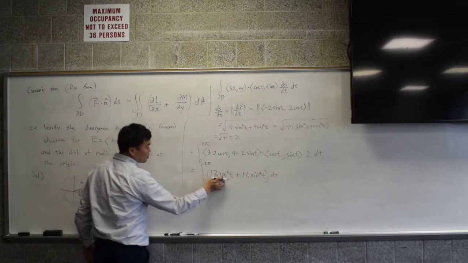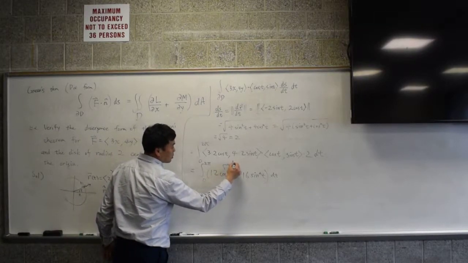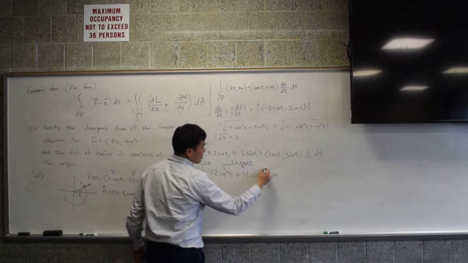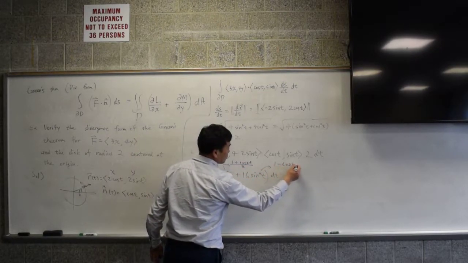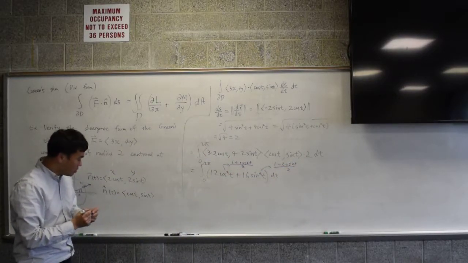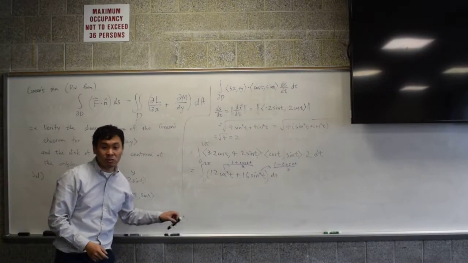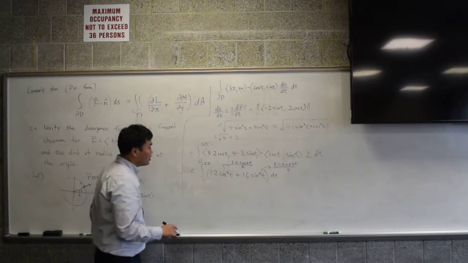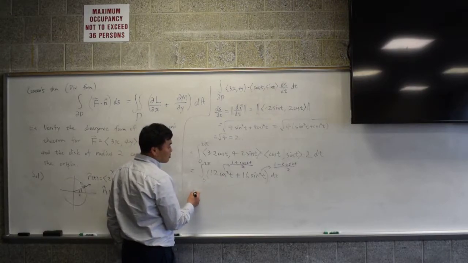You use cosine squared equals 1 plus cosine 2t over 2, and sine squared is 1 minus cosine 2t over 2. You can simplify and do the integral because we've done these integrals earlier in the class today. Let me skip that.